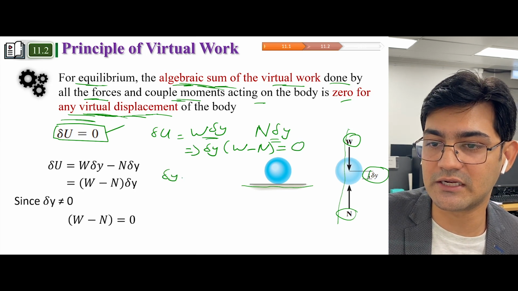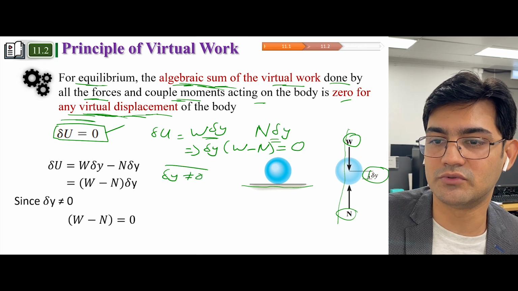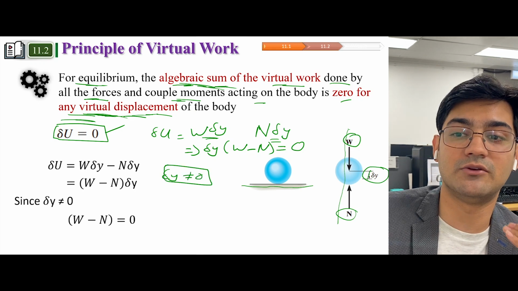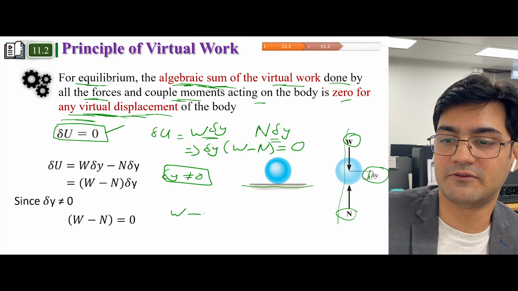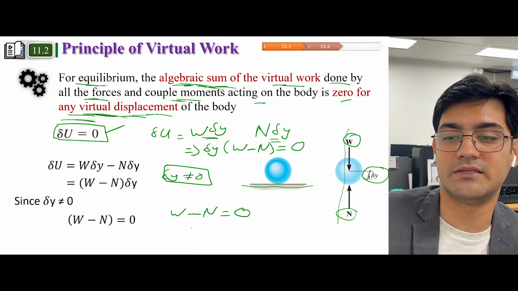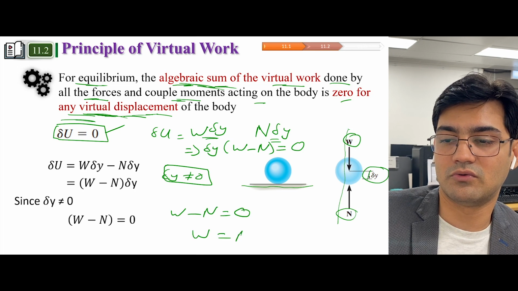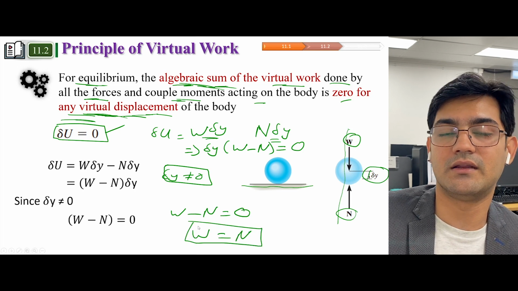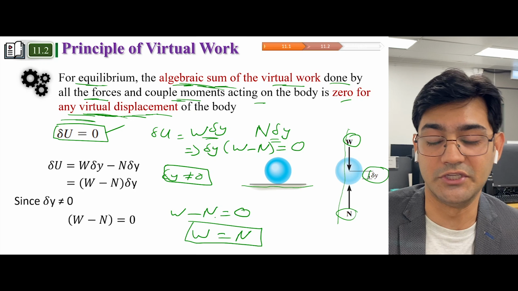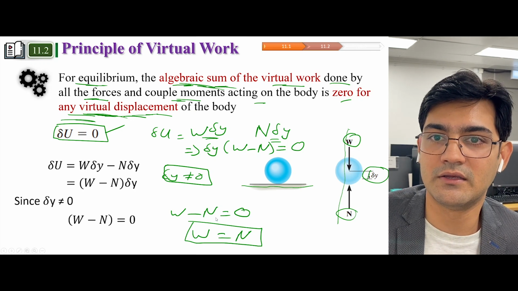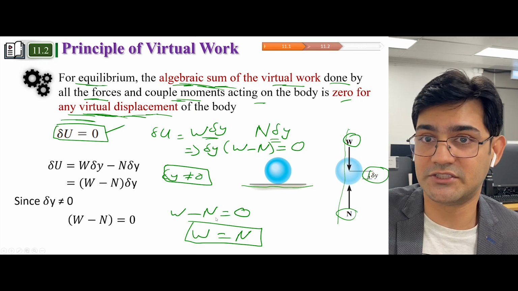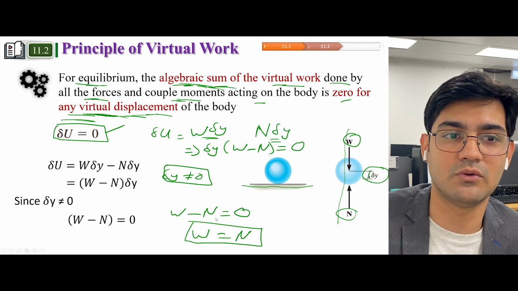Now this delta y cannot be equal to 0, because it is the virtual displacement which we applied. So the only option we have is W minus N is equal to 0. So we know that the weight is equal to the normal force. That's how you calculate the equilibrium condition in this case using virtual work.